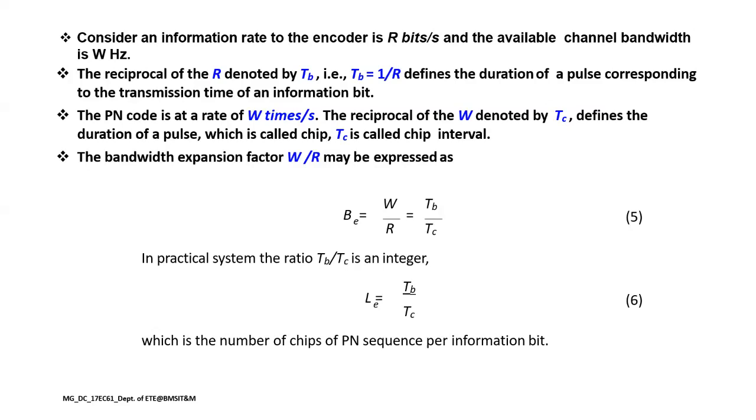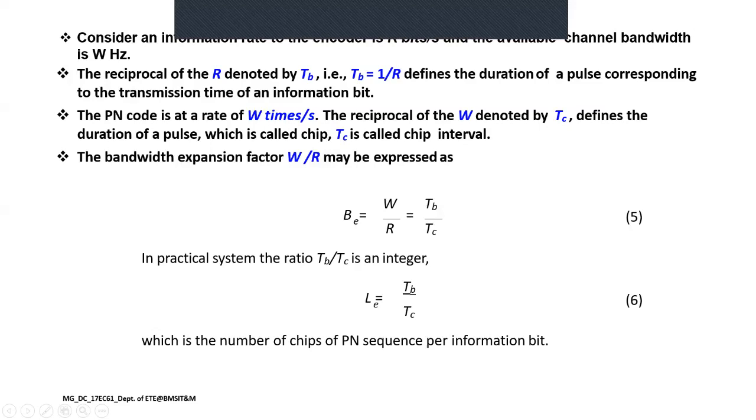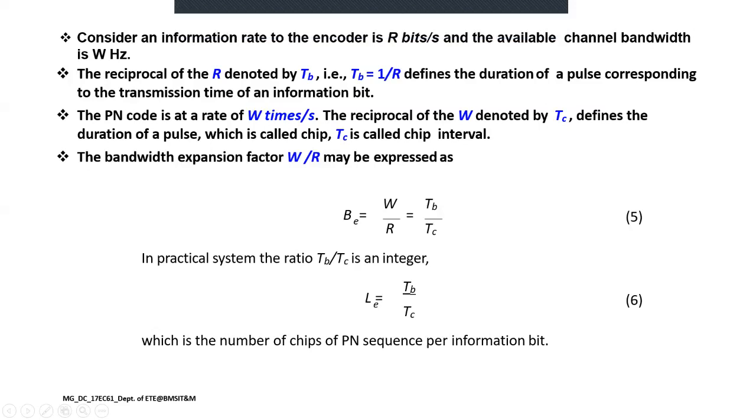So how are the channel bandwidth and the bit rate related? Their relation is known as the bandwidth expansion factor. Here B suffix E, which is equal to W by R, is the bandwidth expansion factor. As I said, R is 1 by TB and W is 1 by TC.